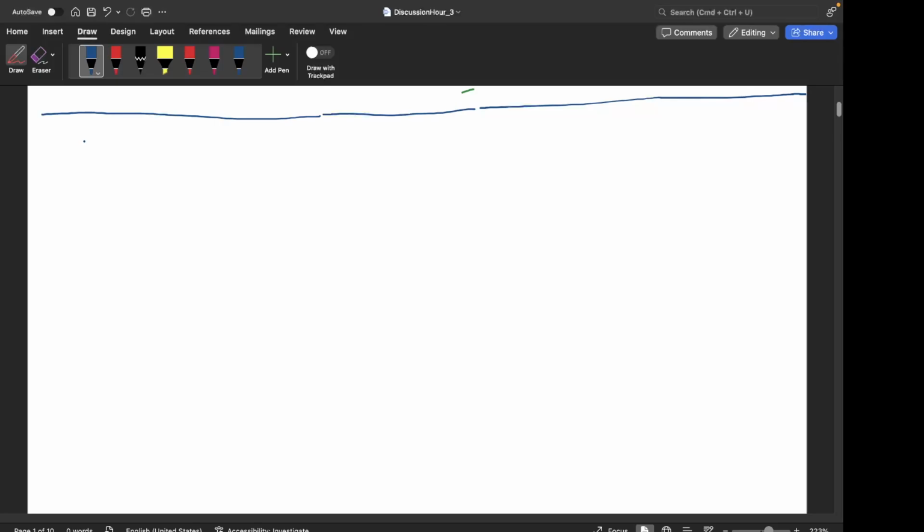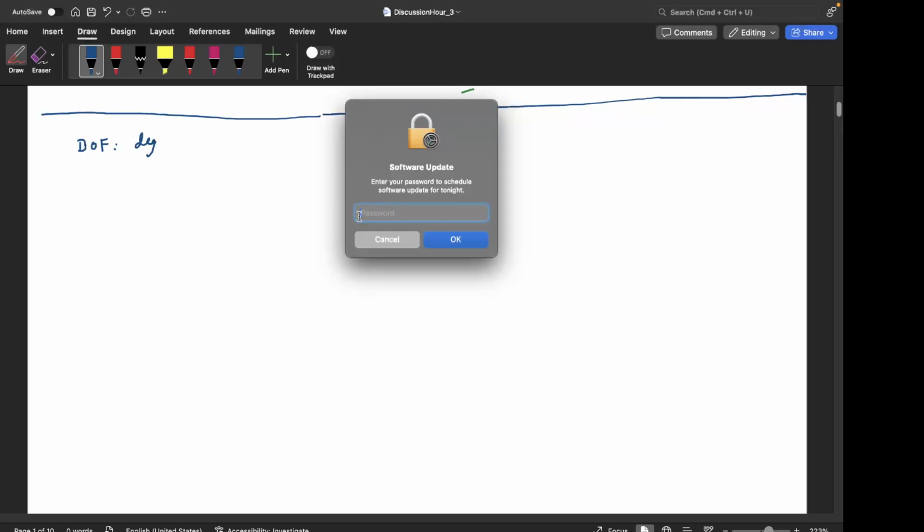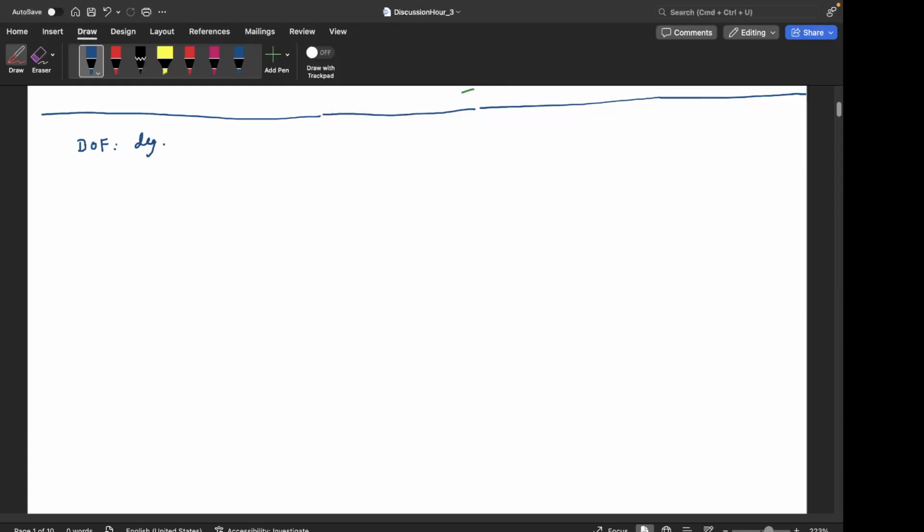Before we start, it is important to reiterate that we need to first identify the degrees of freedom of the system. Why this is important is because this governs what kind of relations we can find between the two sets of variables that we have, right?